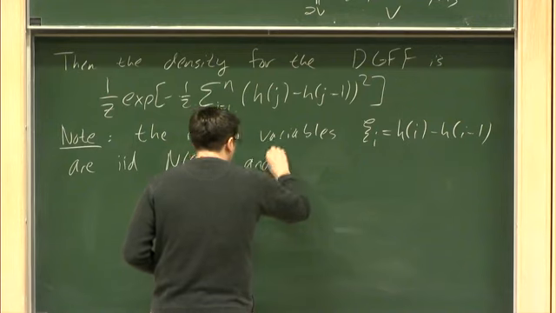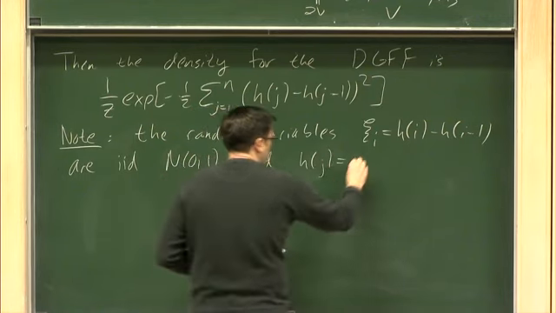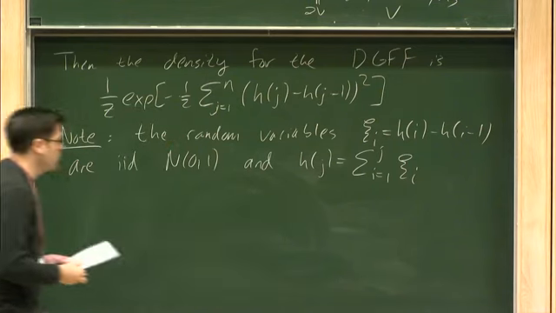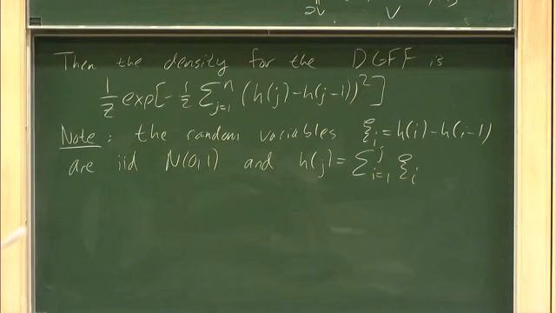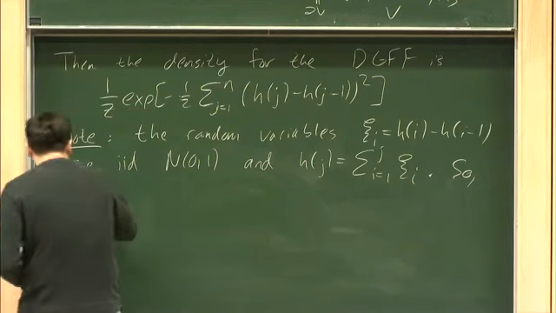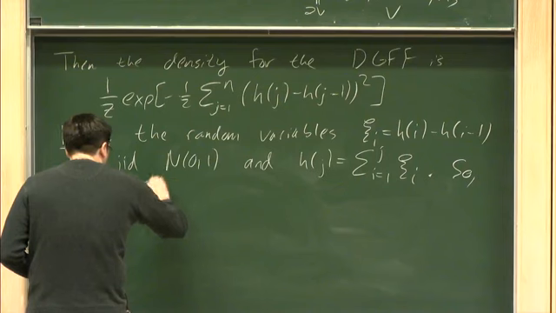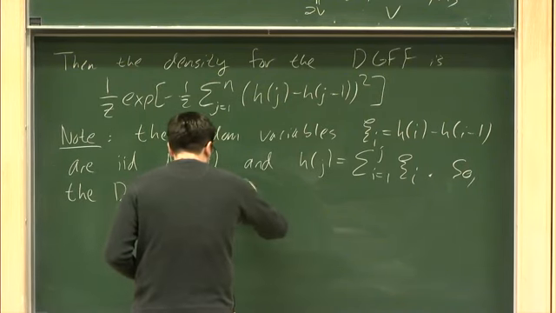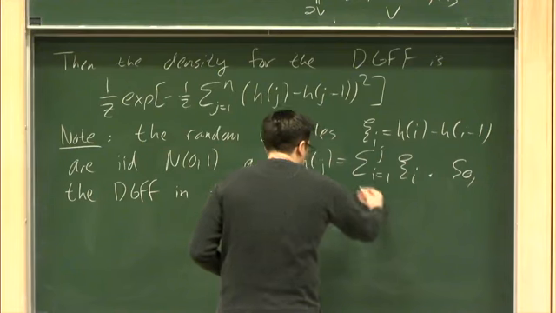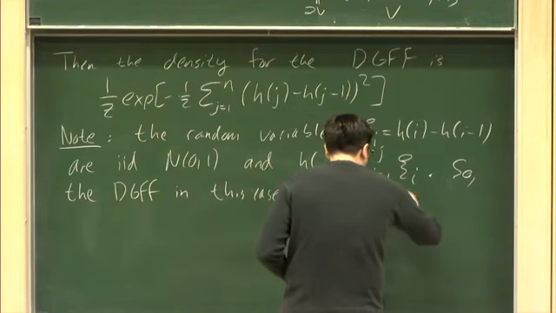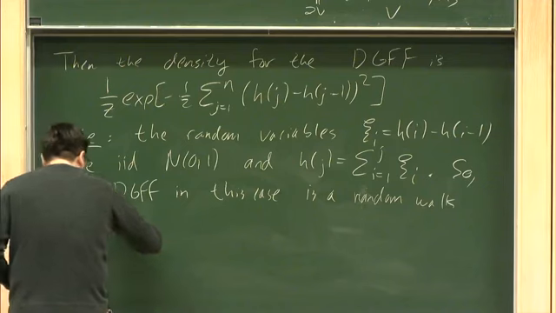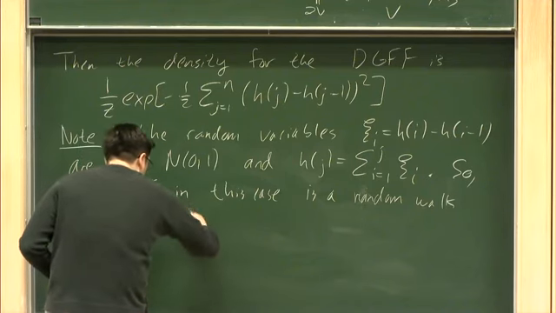And you can write h of j as just the sum from i goes from 1 to j of psi i. And because of this, you just observe that the discrete Gaussian free field in this case is just a random walk, same thing as a random walk with IID normal 0, 1 increments.